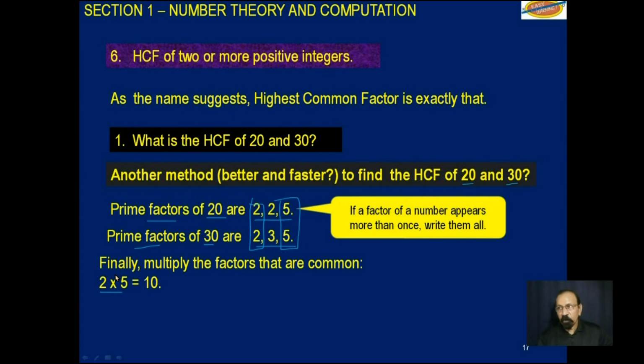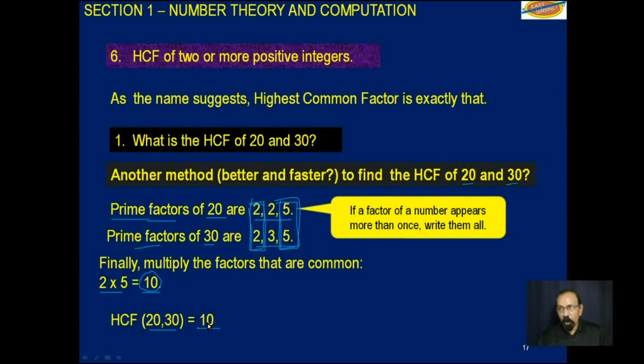We multiply the 2 by 5 and we get 10, which is the same answer we got when we did this the previous way, writing down a series of factors. In that case, we just pick the highest common factor. In this case, if we are dealing with prime factors, we will multiply the prime factors that are common to both numbers, and we get 10. So the HCF of 20 and 30 is 10.